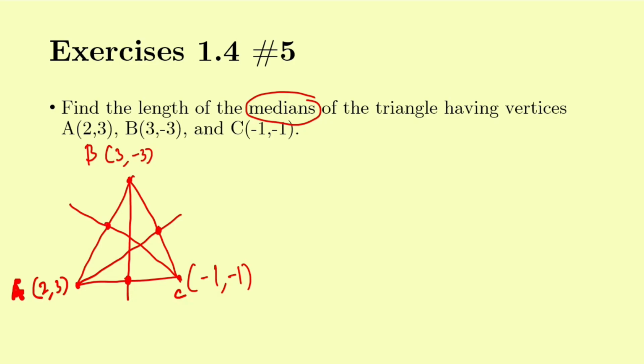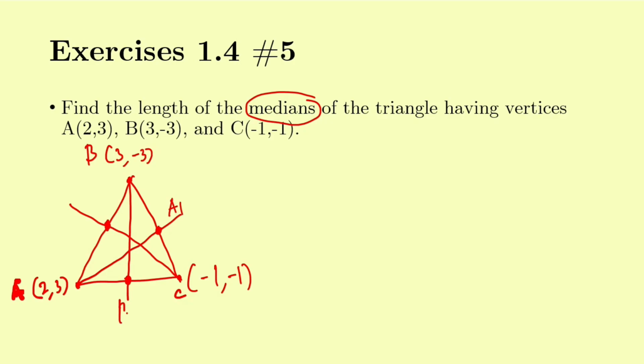So see the pattern? Well, actually, these lines are supposed to intersect. Anyway, the point here is we need to find the coordinates of these points para makuha natin yung distance formula. So we're going to label these points. Let's label this A sub 1.